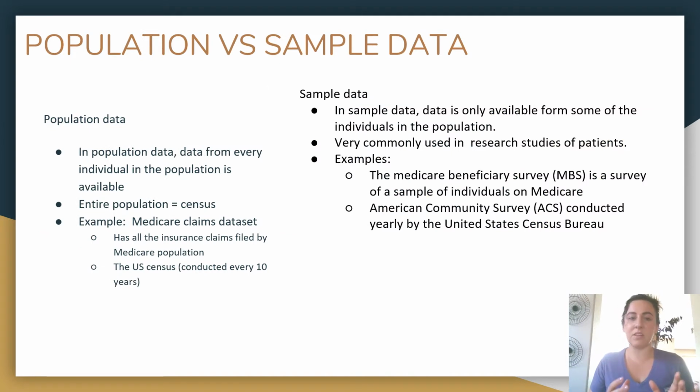Now we're going to look at two different types of data collection: population data versus sample data. Let's look at population data first. Population data is data from every single individual in the population. So going back to where we were, let's say your theme is all of the nurses that work in the St. Bernardine's Hospital.